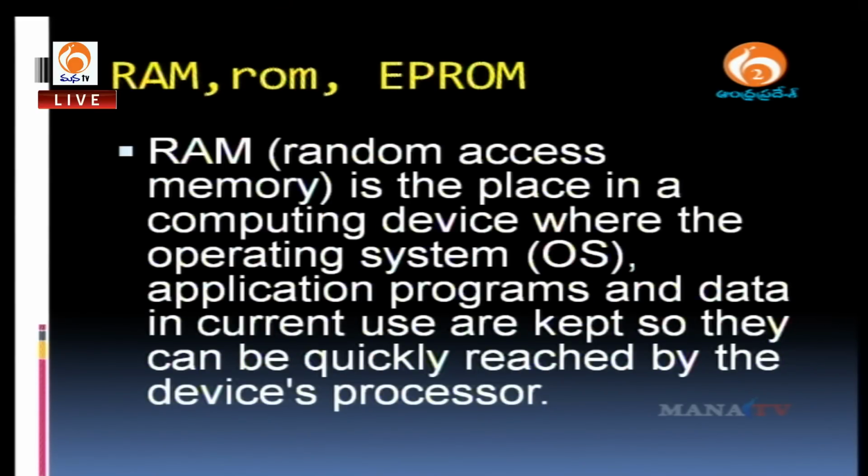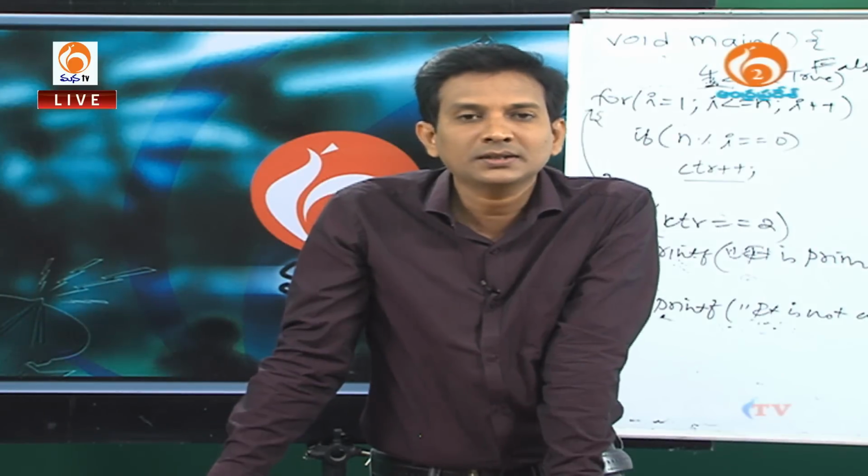Not only in a system, but also in smart mobiles: once you switch on your mobile, all the applications, whether Twitter, Facebook, apps downloaded from the Play Store or default apps, reside in the RAM, because execution starts in the RAM only. Once you switch off your mobile, all the data will be lost.